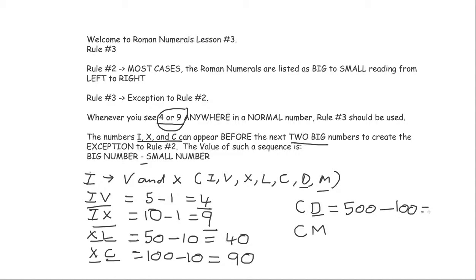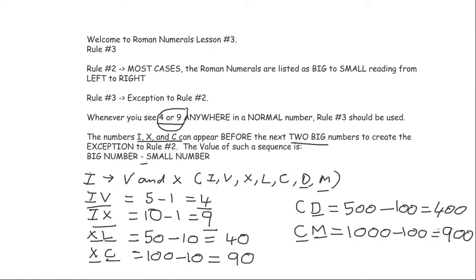So the value is 400. And similarly, CM: the value of M is 1000 minus the value of C, which is 100. So the value for this sequence is 900.